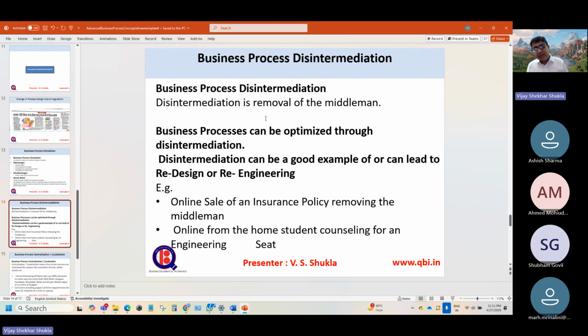Sometimes you can directly order merchandise from a warehouse. You need not go to a traditional shopkeeper. Maybe you get the merchandise from the convenience of your home at a lesser cost. So wherever intermediaries are involved, you can remove them leveraging the internet. This activity is called business process disintermediation.